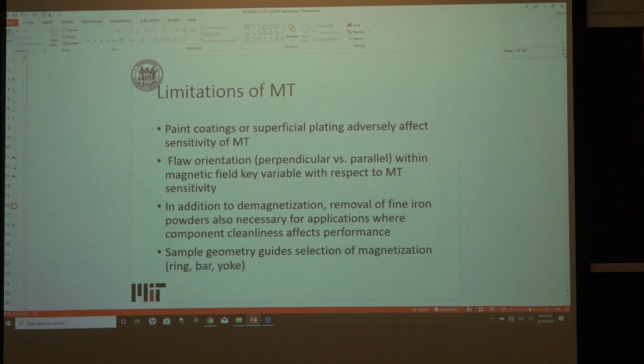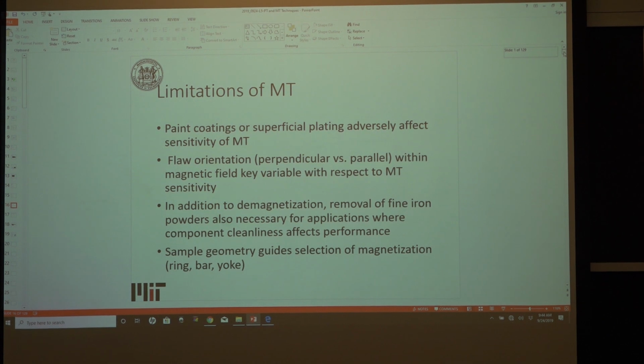The paint coatings over the base metal can adversely affect the sensitivity of the inspection, depending on how thick the coating is. As I said before, there's the orientation of the flaw. The other thing is if you're using electroplating or nickel plating, like for chrome bumpers, if it's a plating technique, there can be interference for the magnetic fields.